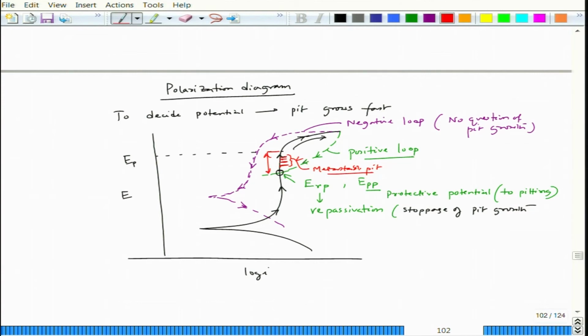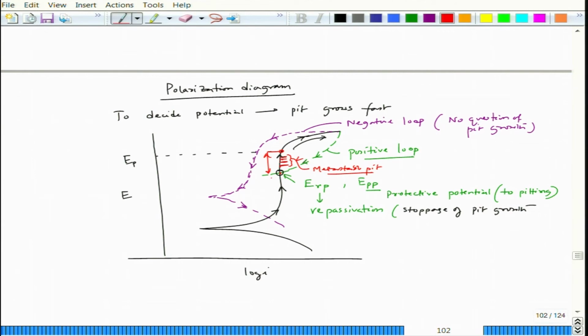These metastable pits may not grow completely till it reaches EP or the pit potential, and once it reaches this pit potential, the existing pits will start growing at a very high rate. Then we cannot have any protection, but till metastable pits form it is okay, as they are not growing rapidly.